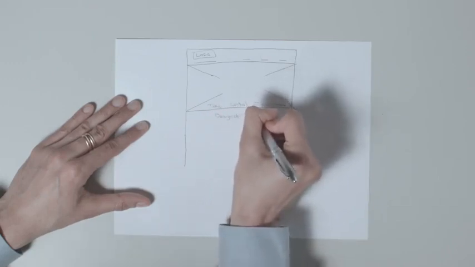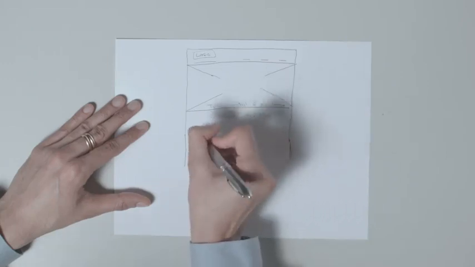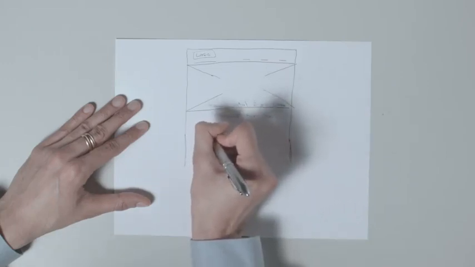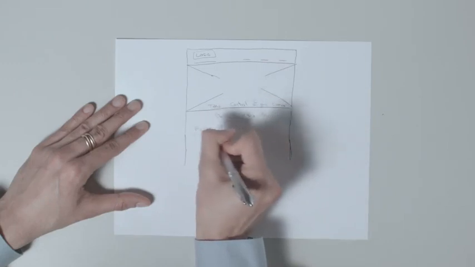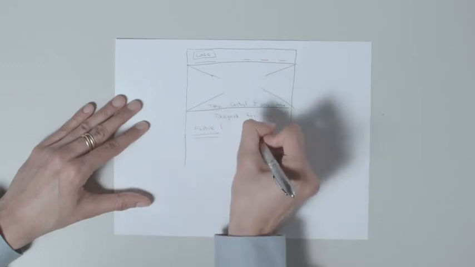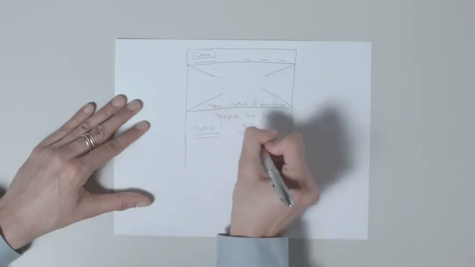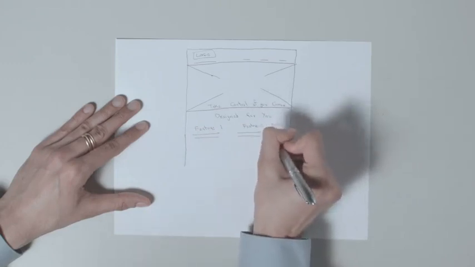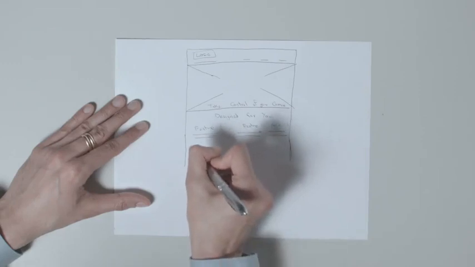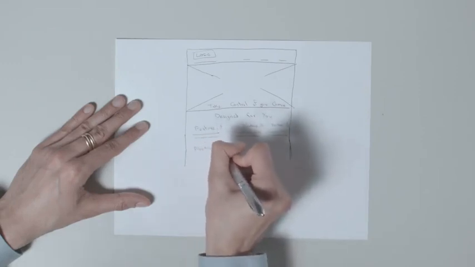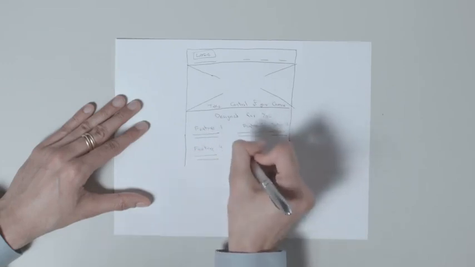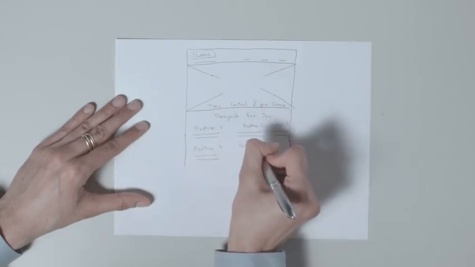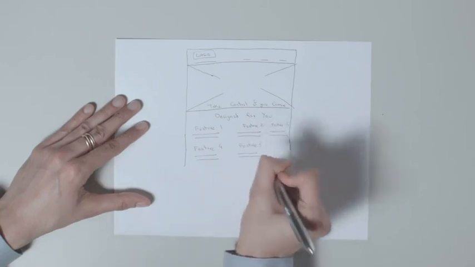So this is designed for you, and we might have feature 1, a little bit about that feature. We have feature 2, expert interviews, a little bit about that. We have feature 3, a little bit about that feature. And maybe just because I want you to pay, I want to show you that we have lots of great features. So I'm going to show you the top 6 features.